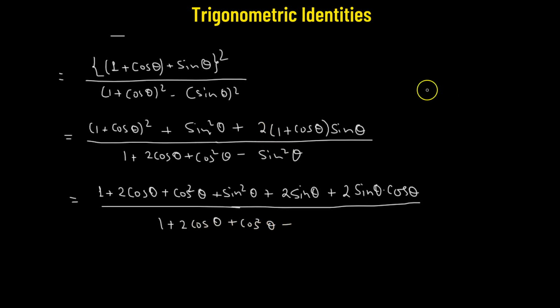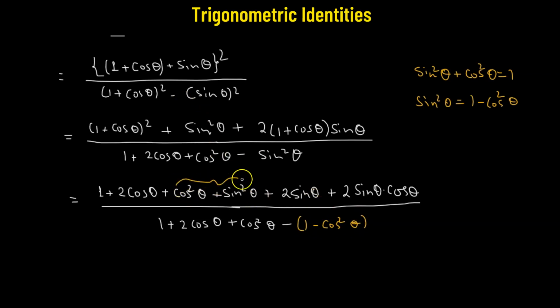We're going to use the standard identity, sine squared theta plus cosine squared theta equals 1. So that means we can represent sine squared theta as 1 minus cosine squared theta. So in the new denominator, we're going to have negative of (1 minus cosine squared theta). Now, we can also replace cosine squared theta plus sine squared theta as equal to 1.